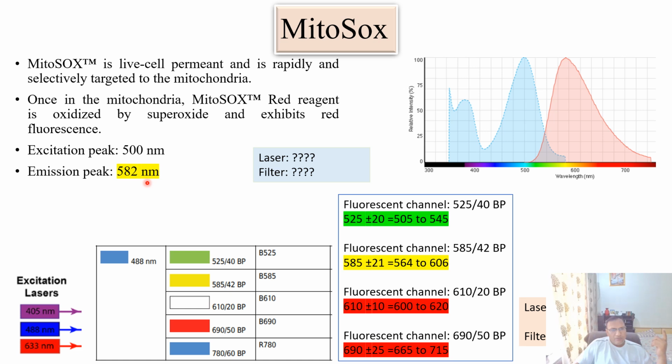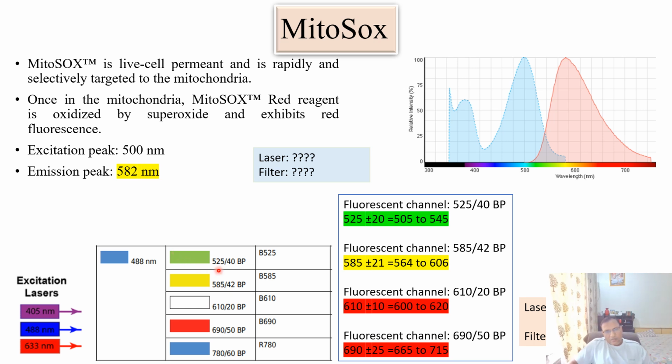So which filter do we have to use for detection? Select those that are near to this. These are the filters available with the blue laser. The blue laser has arranged 5 filters, and you have to select the one filter for detection of MitoSOX which is near to 582 nanometers.